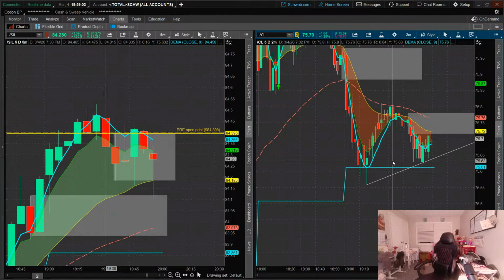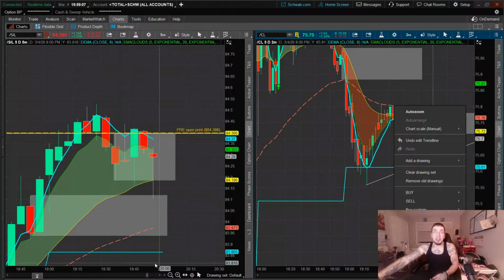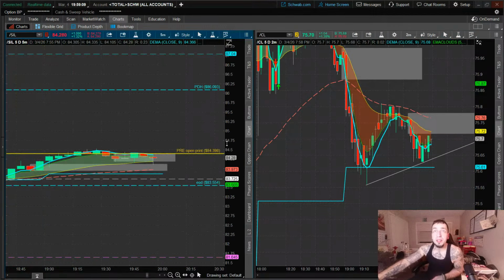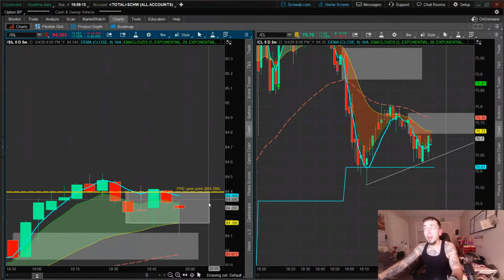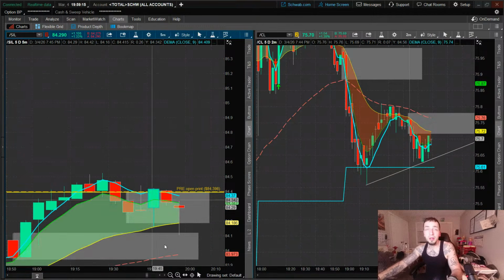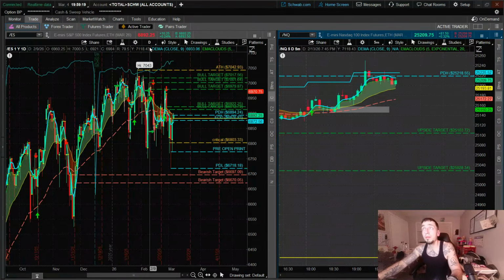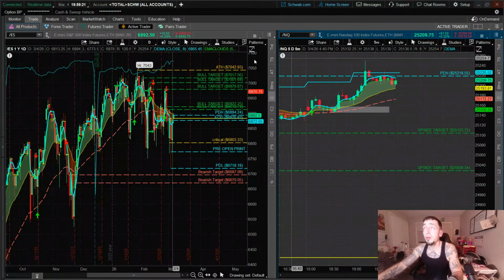So every split. Oh, snap. Look at silver. Silver with the retest of the AOV. NQ.